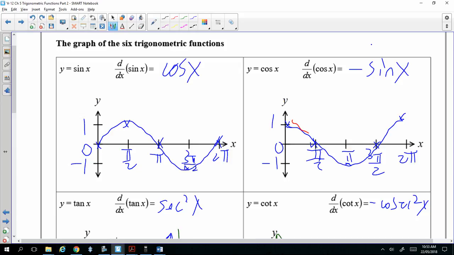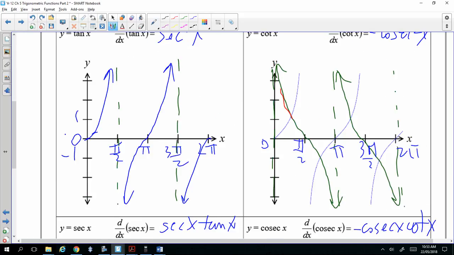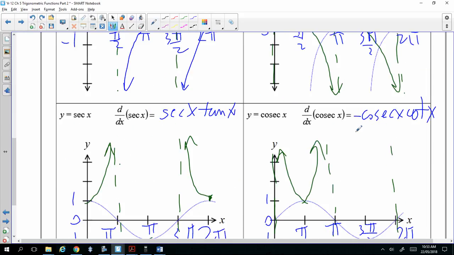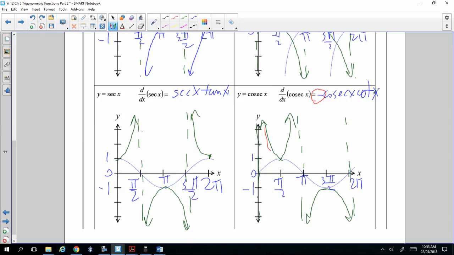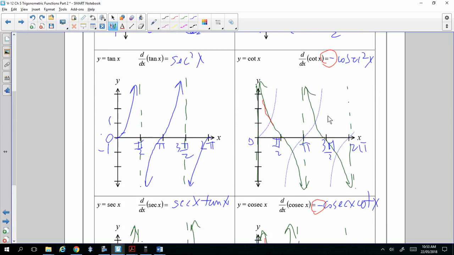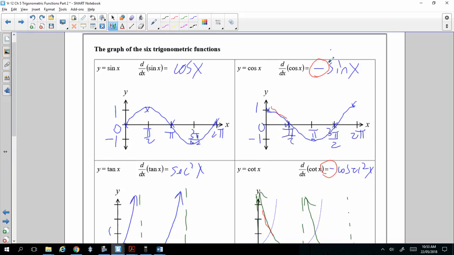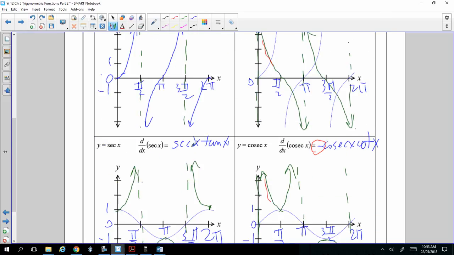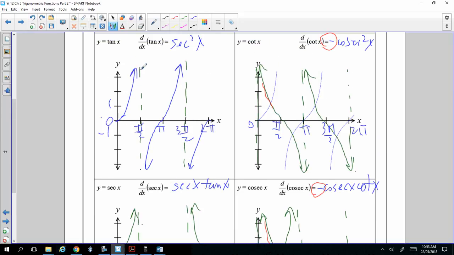So whenever the graph decreases in the first quadrant, you will see there's a negative in front of the derivative. Whereas the other ones, sine, tan, and sec, are all positive in the first quadrant. The graph is going up. That's why there's no negative. So that's another way to remember the graph and the derivative and the formula.